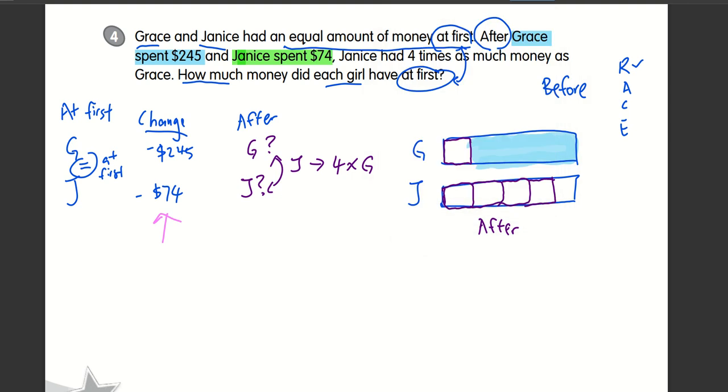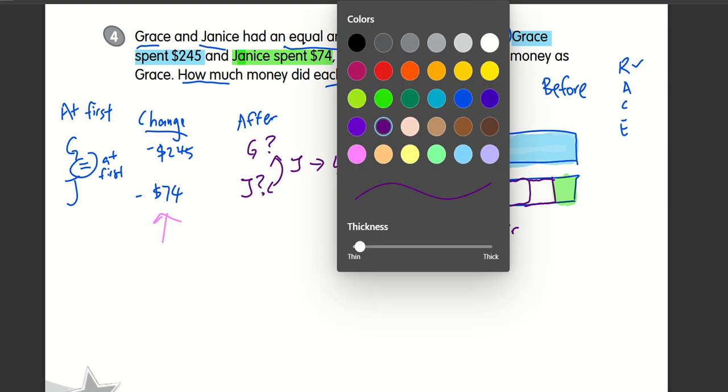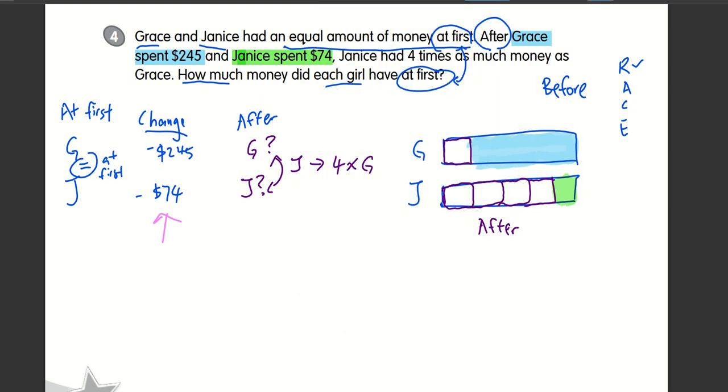So the spending by Janice is this portion. To get to the final, I have the spending that's here, $245. This part is given out, spent on something, no longer there. And there's this portion here, that's $74.